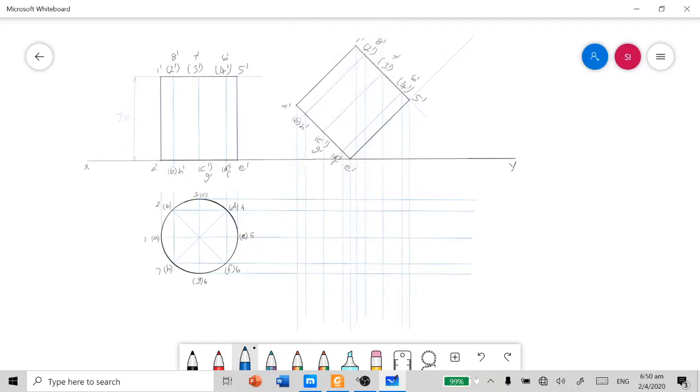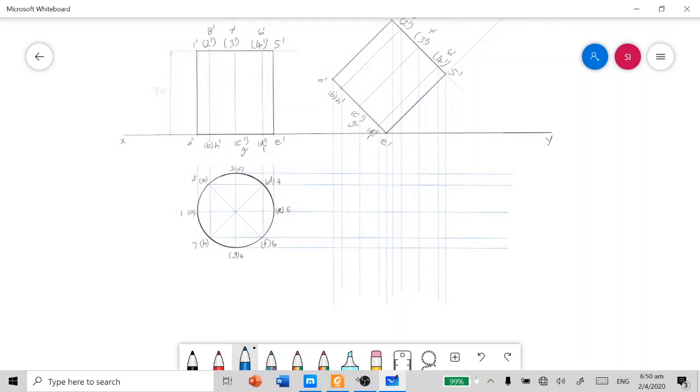Now, identify the cut points like in the previous problems.